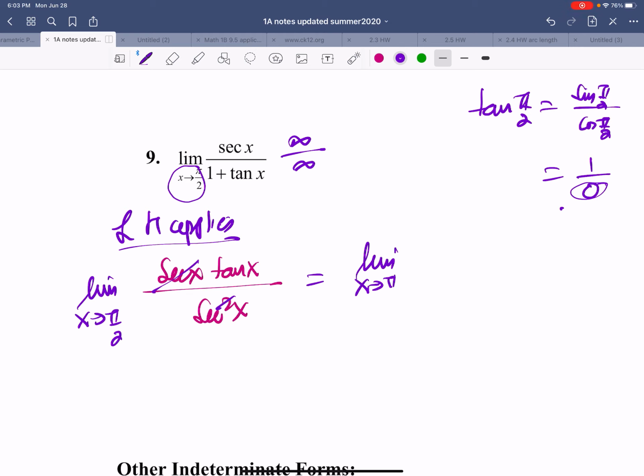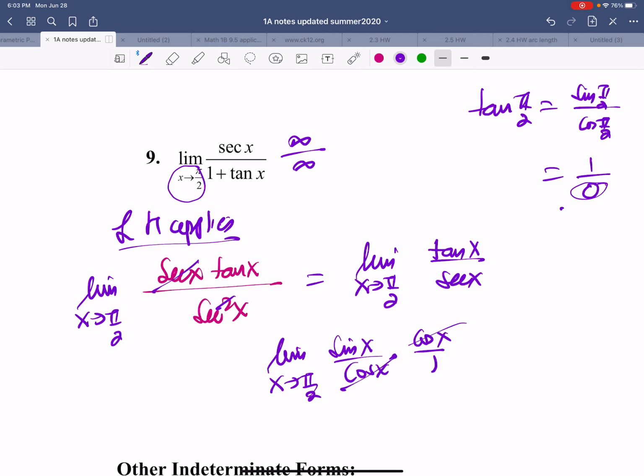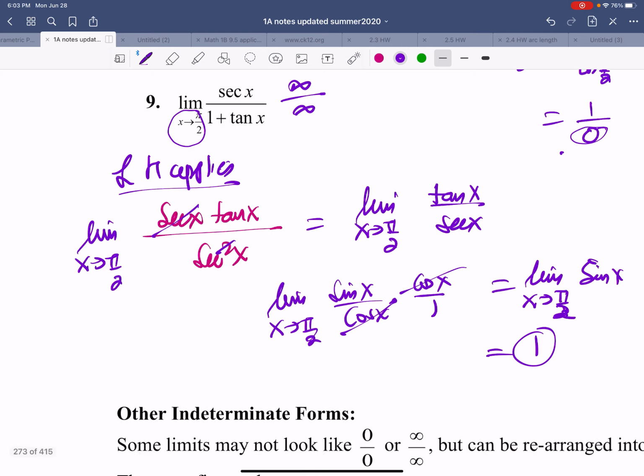Limit x approaches pi over 2, tangent x over secant x. Tangent x is sine x over cosine x. Secant x is 1 over cosine x. So we can cancel out the cosine x. Limit x approaches pi over 2, sine of x. That turns out to be 1. That limit will go to 1.